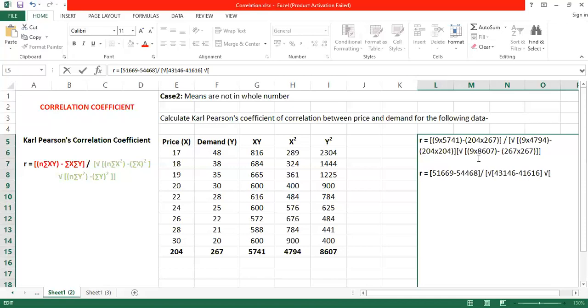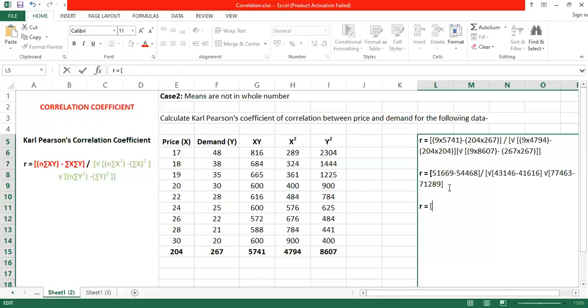So it is 77463 minus, lastly it is 267 into 267. So it is 71289. Close the bracket. Right? So R equals to.